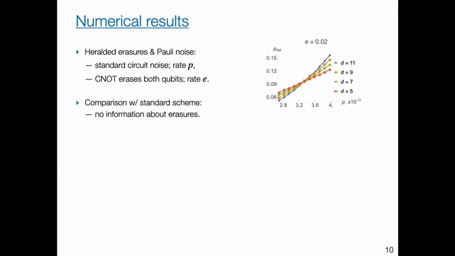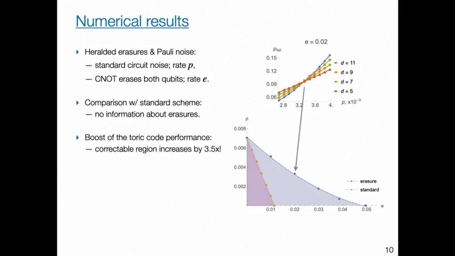So in order to compare the erasure scheme with the standard scheme, we need to forget the information about the erasures. This will boil down to increasing the infidelity of CNOT gates. And then we can again look at the EP plane and ask what is the correctable region.